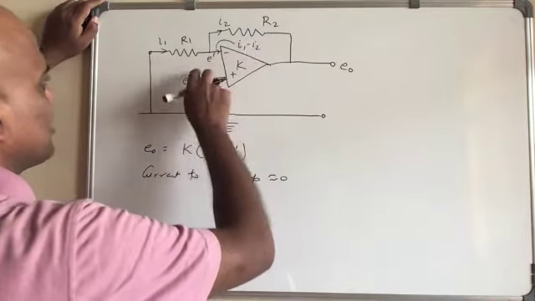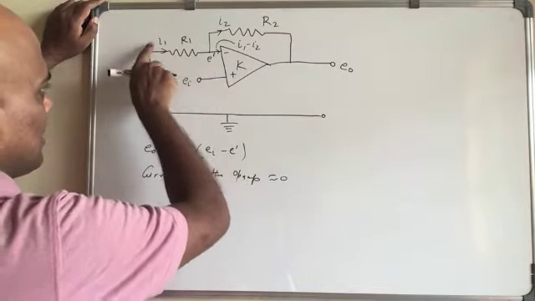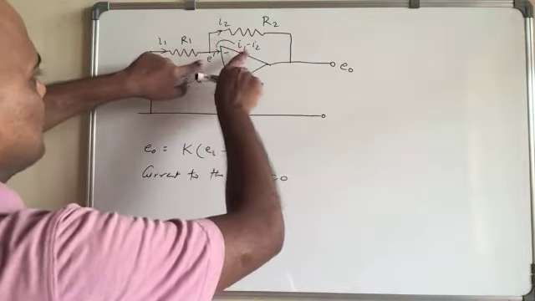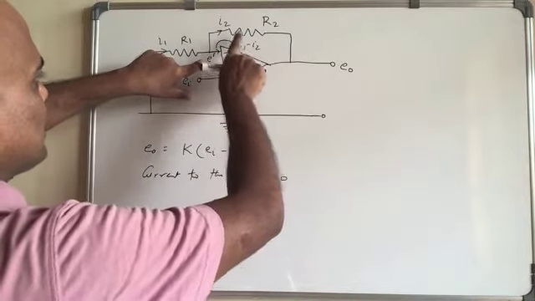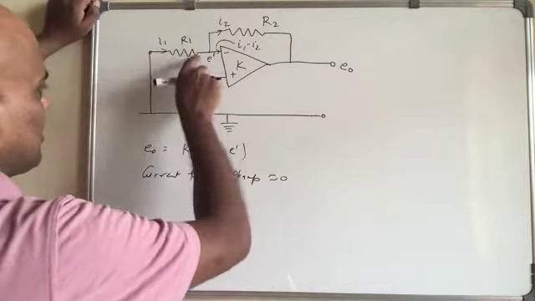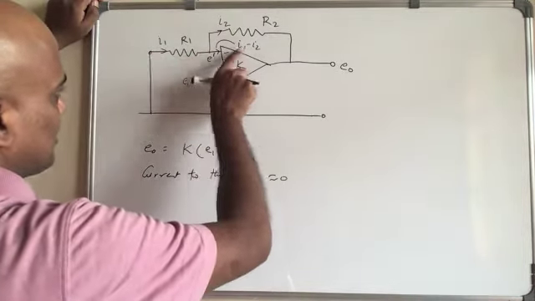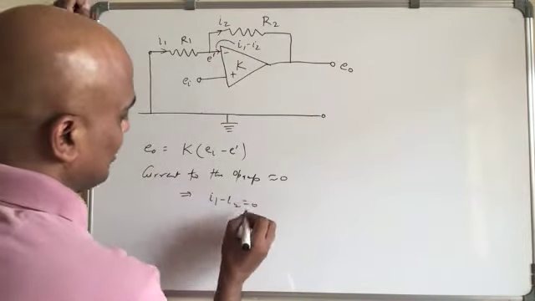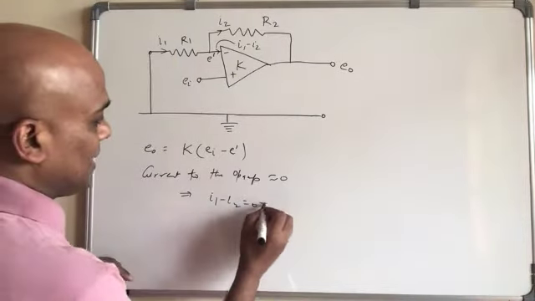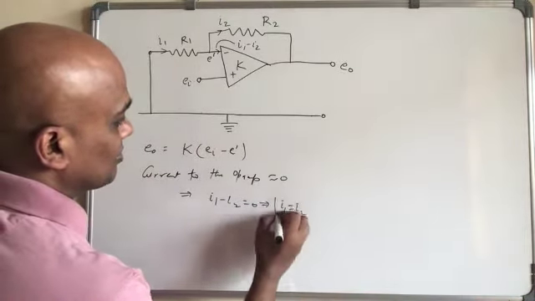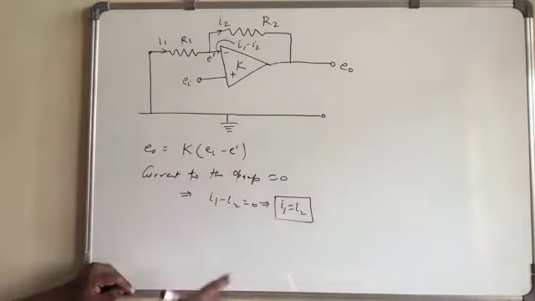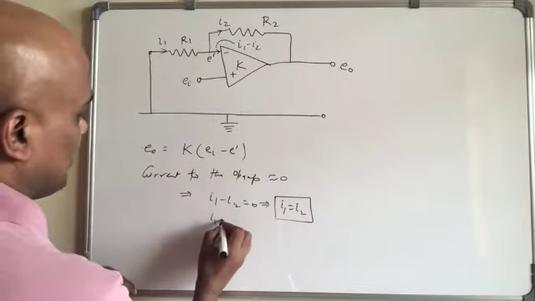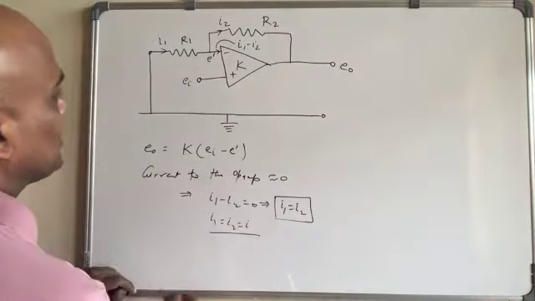Whatever current comes here goes out of that. That really means I1 minus I2 equal to 0, and hence I1 equal to I2. So we can say I1 equal to I2 equal to I, like this.